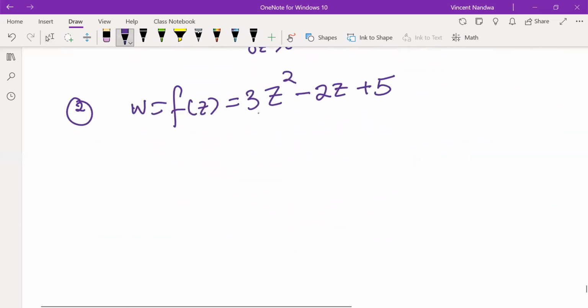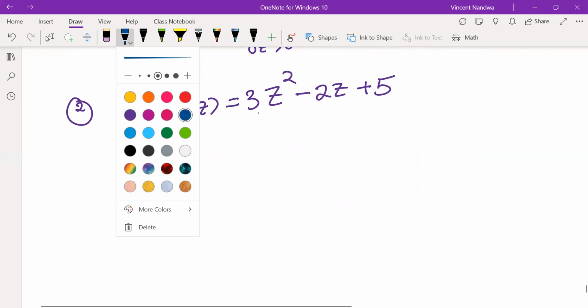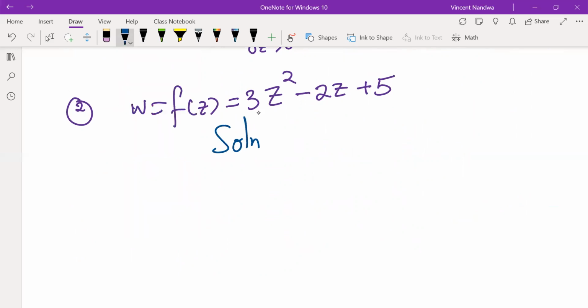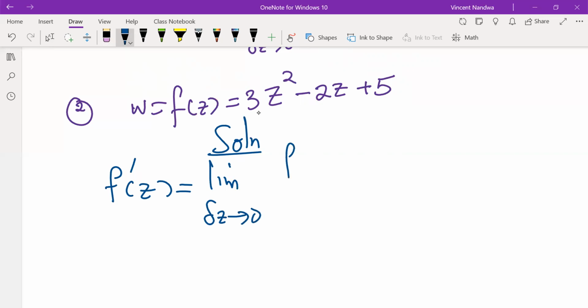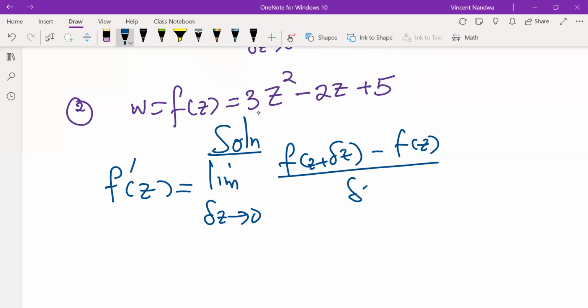So as usual, you start from the definition that the derivative f prime of z is the same as the limit. So f of z is given by 3z squared minus 2z plus 5. This is already given.